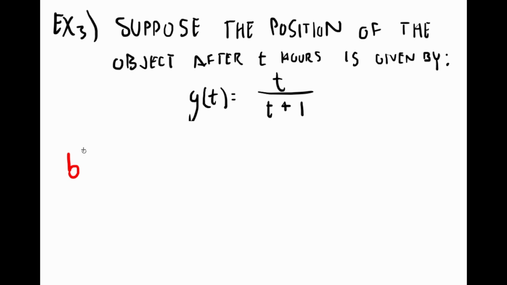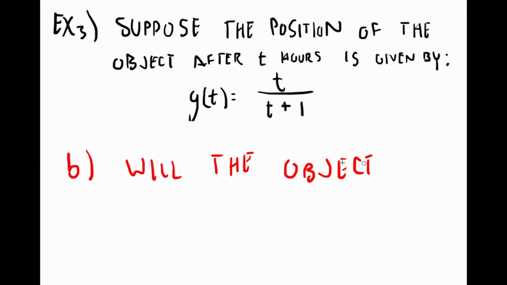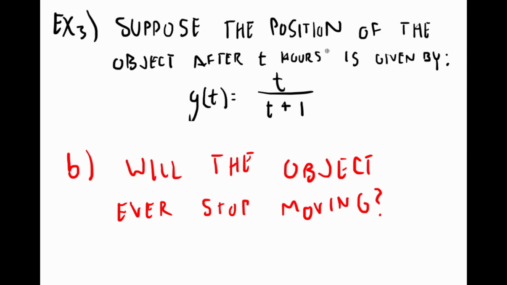So for our next question, does the object ever stop moving? This is a very similar question to what we've asked before, and it's going to be the same exact thing, g prime of t equaling 0.